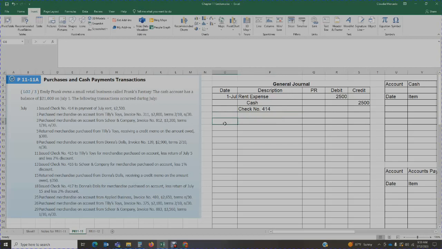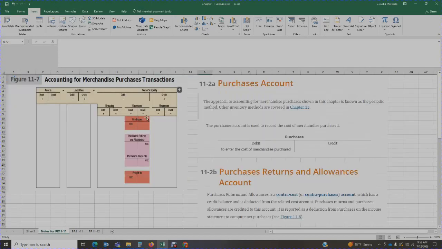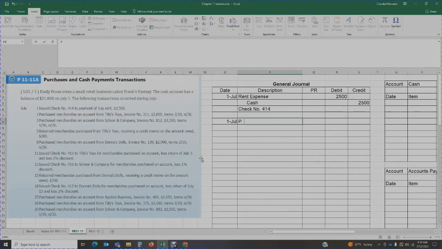On July the 1st, we have another entry. It says that we purchased merchandise on account from Tilly's Toys, invoice number 311, for $2,800, terms 2/10, net 30. Okay, so we made a purchase from Tilly's Toys on account. That means that we owe them money. Okay, so what did we make? We make a purchase. If we make a purchase, we debit the purchases account. Okay, so purchases is going to be debited, and we made this purchase on account.